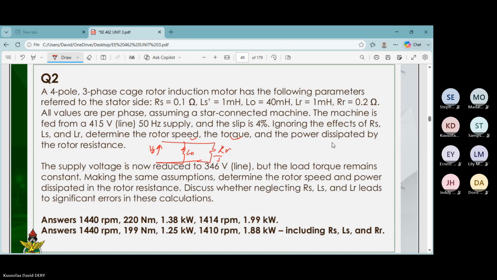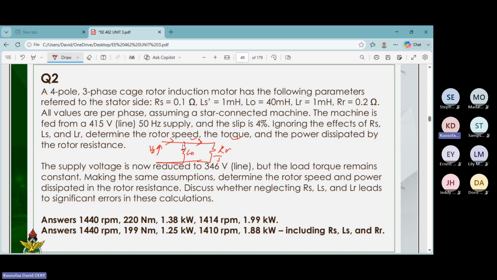So how do we obtain the rotor speed? Let's look at it. First of all, we need to obtain this current, right?